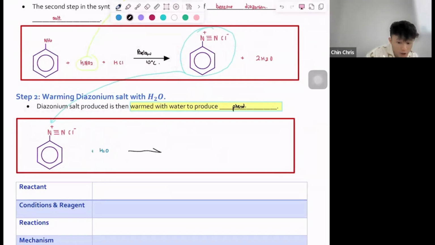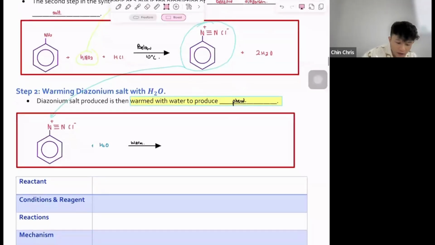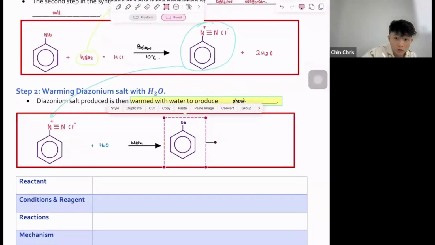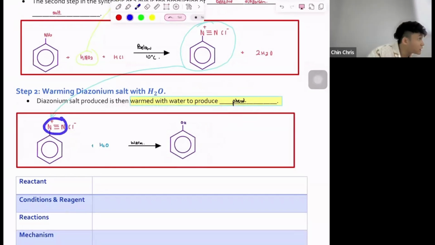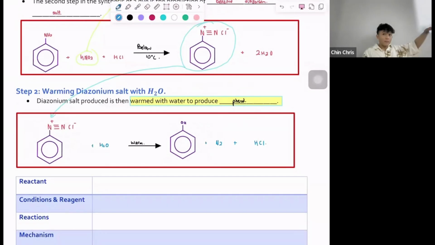When you warm it with H2O, the N triple bond will be broken and eventually it turns into a phenol. This N will turn into N2 and HCl is formed. Understand? So this is a step by step reaction. Clear?